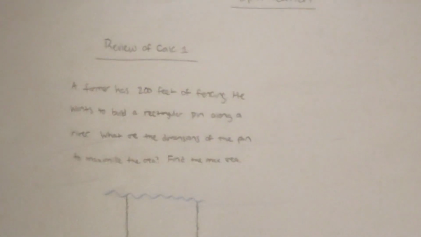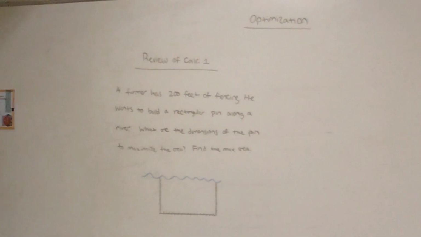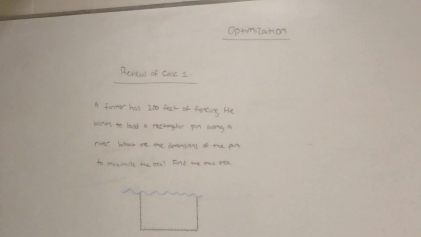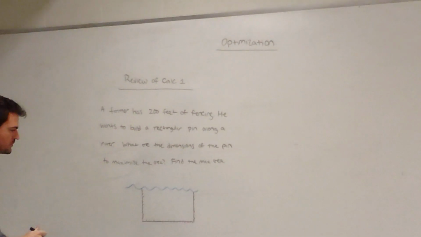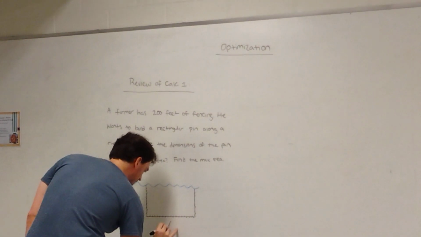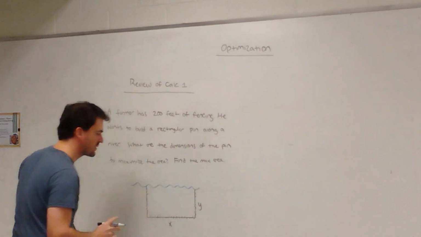I've got some sort of fence or pen built along a river. I'm going to introduce some variables. I'm going to call the length x and the width y.